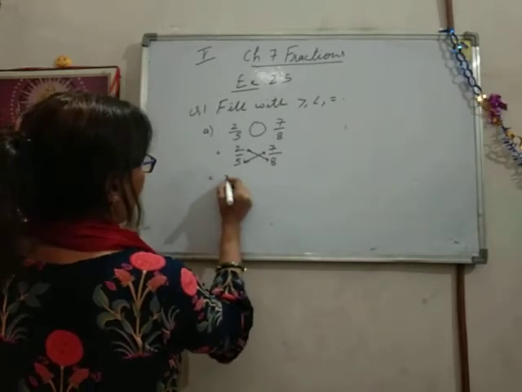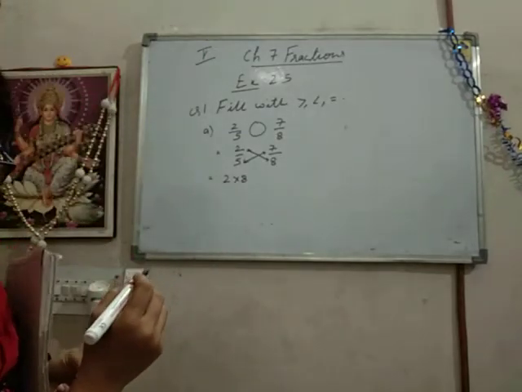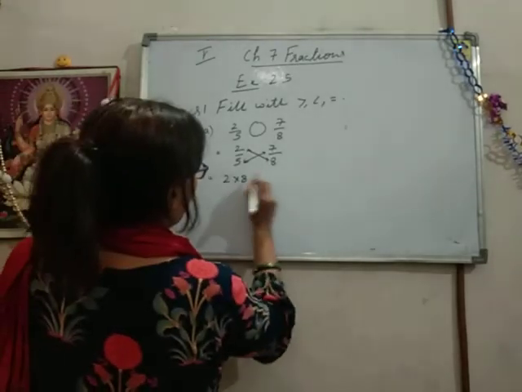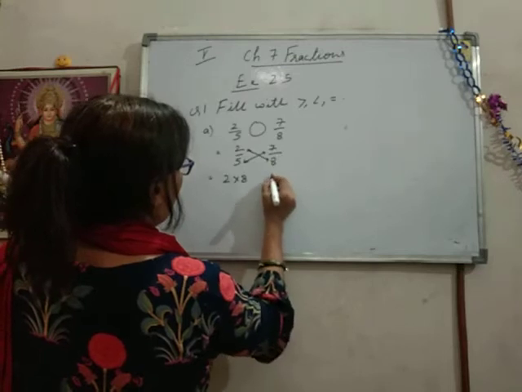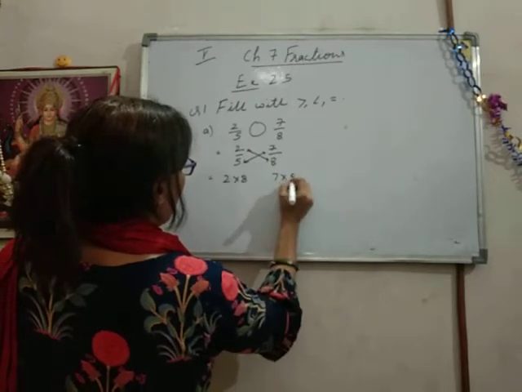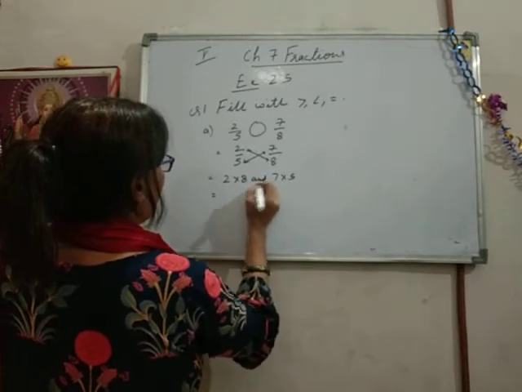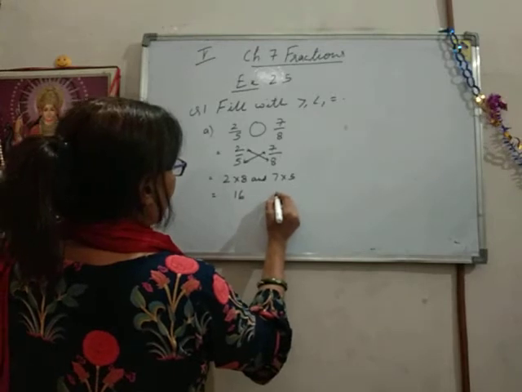So we note down like this: 2 multiply by 8, leaving some gap here, and 7 multiply by 5. 2 eights are 16 and 7 fives are 35.